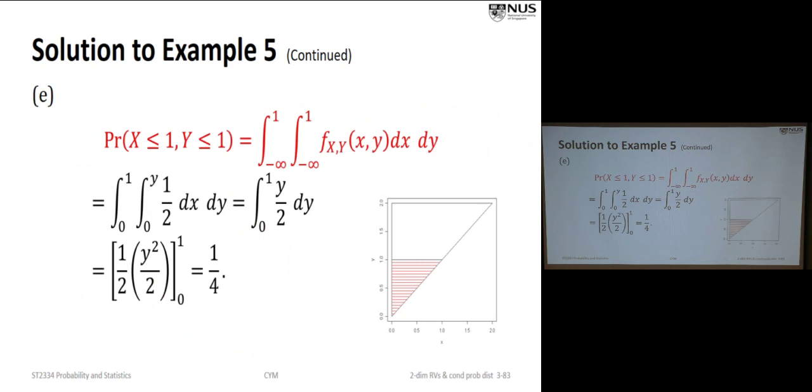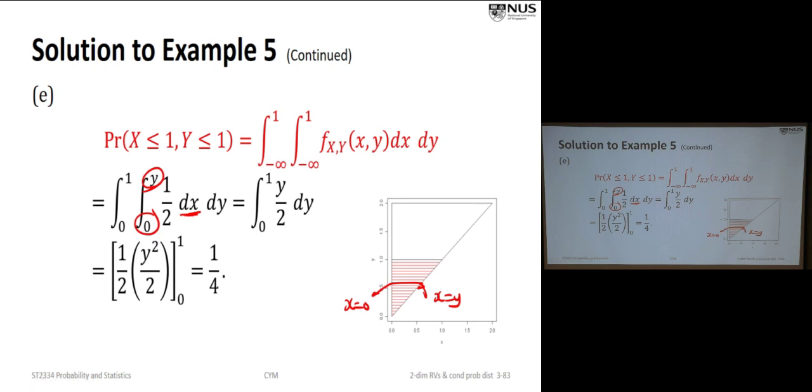Okay, the last part, to evaluate this joint probability. So this is the part. So what I did is to integrate x first. That means I fixed y. So at this point, x equal to 0. At this point, x equal to y. So the integration limit is from 0 to y.